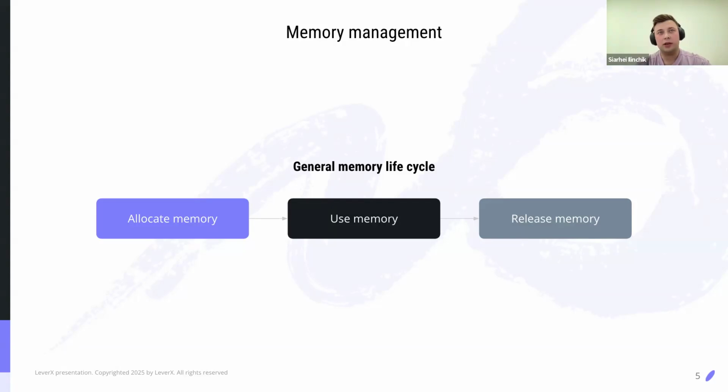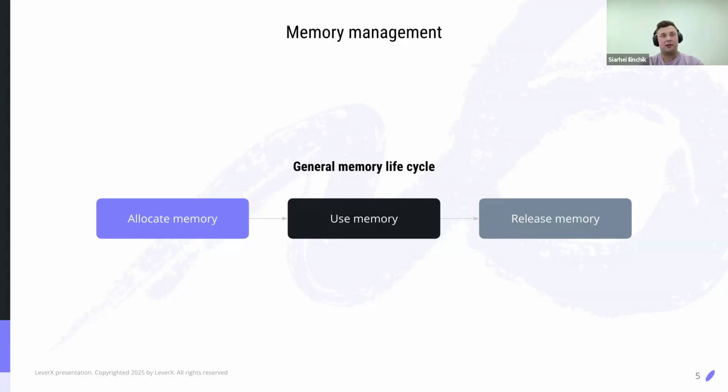And actually there might be some problems with releasing memory because you can simply forget to release your memory after the execution, and this memory would stack up in your heap and would cause memory leaks over time. So you won't have any free memory to run your program.